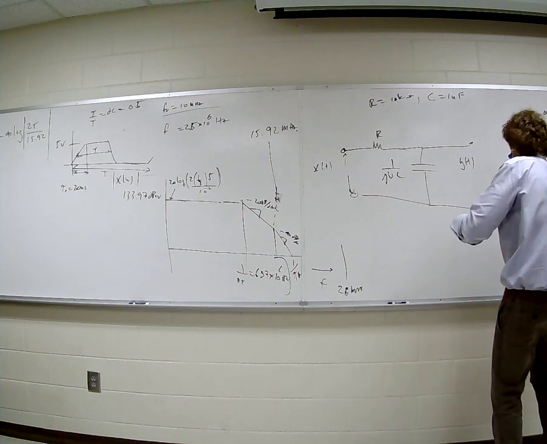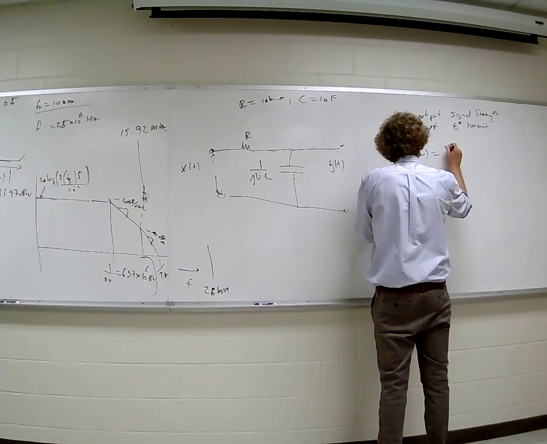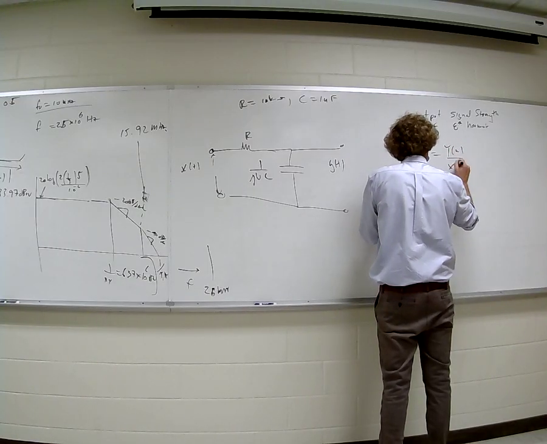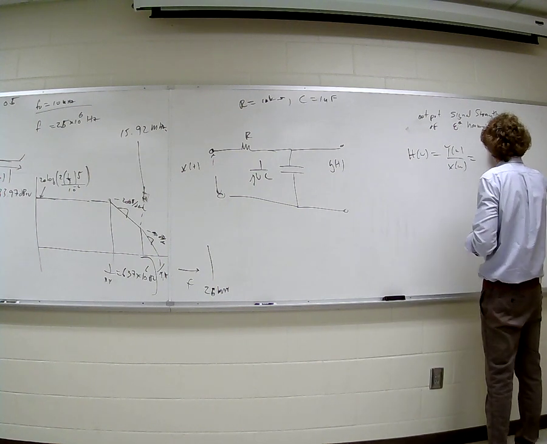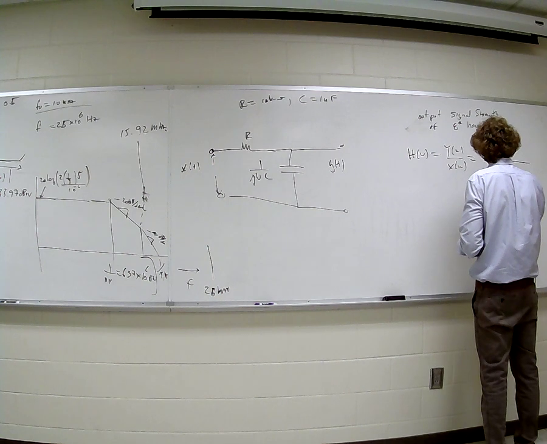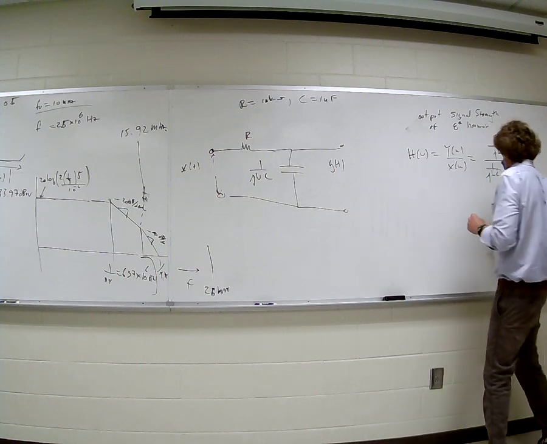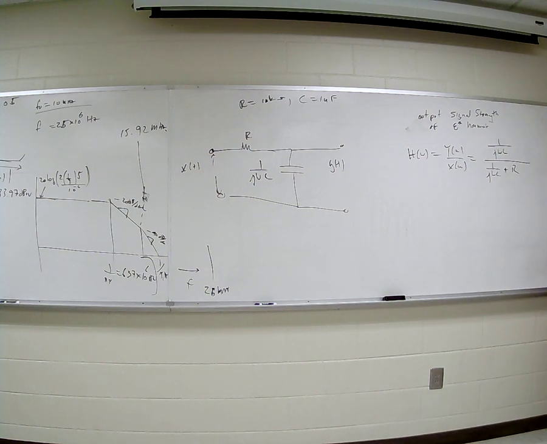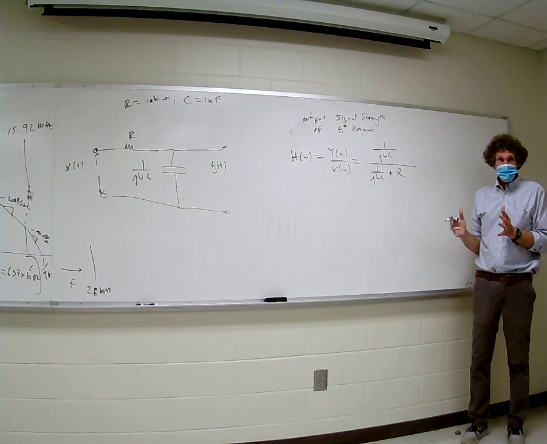So if I want the transfer function, H of omega, which would be Y of omega over X of omega, then it would be 1 over j omega C, over 1 over j omega C plus R. Now realize the only thing I've done there is simply a ratio of impedances.